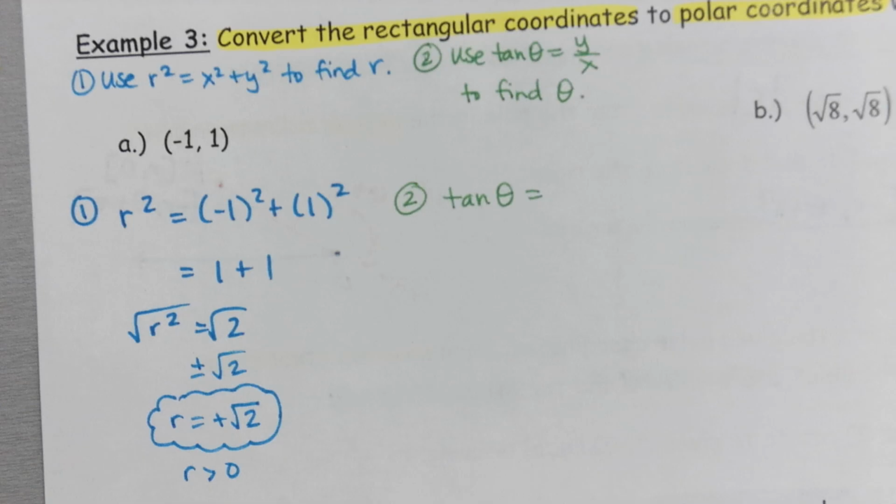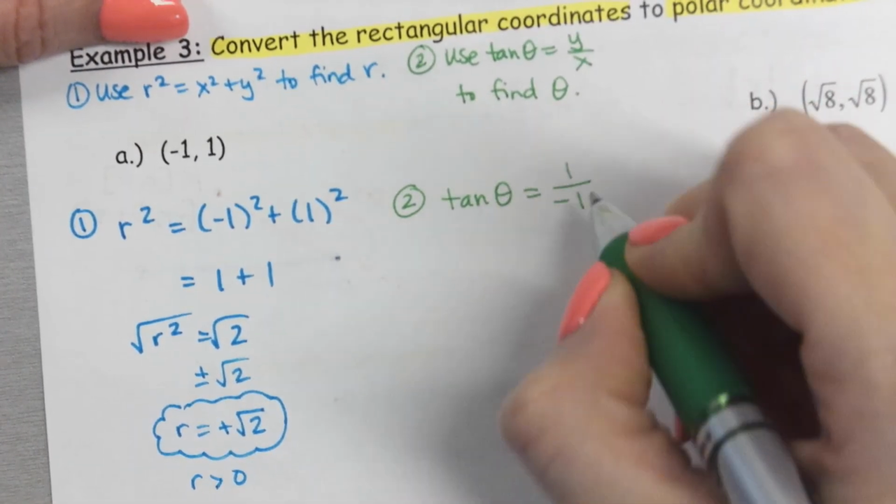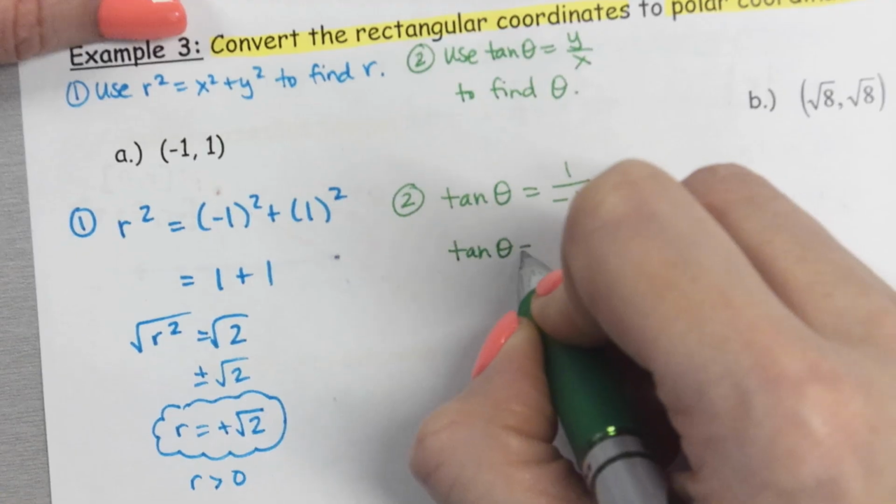Okay, so I want you guys to think about what your theta is, or what it can be. So you end up with the tangent of theta is negative 1.